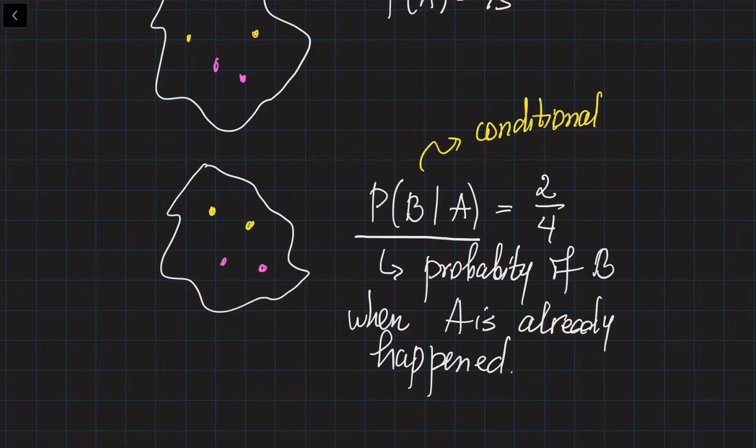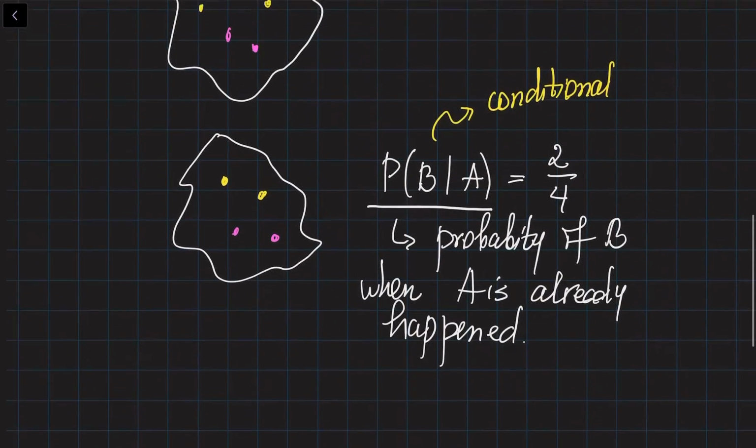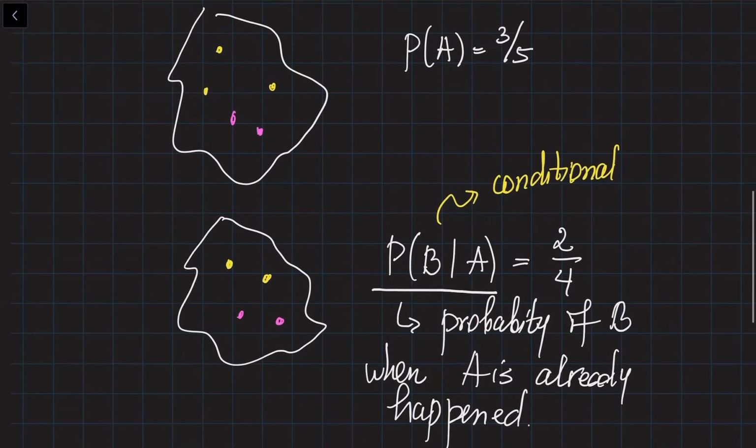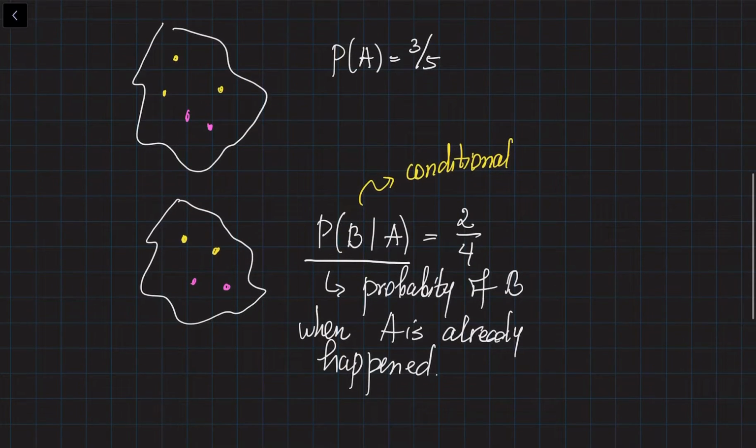If I would like to find the probability that A happens in the first trial and then B happens in the second trial, I need to multiply the probability of A by the probability of B when A has already happened.